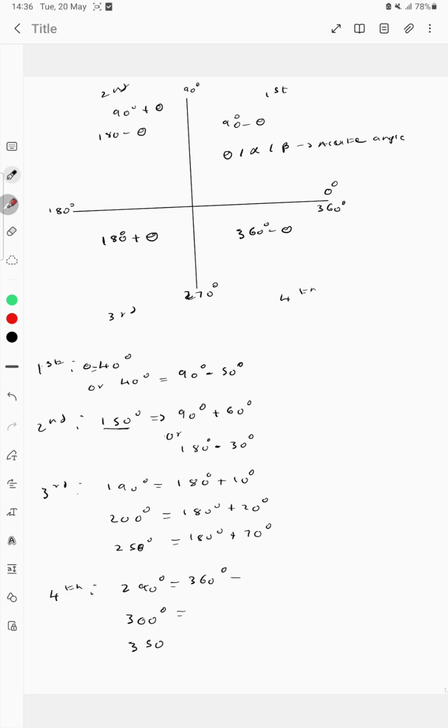My mental math is not good, but 300 is 360 minus 60, and 350 would be 360 minus 10. And 290 would be 360 minus 70.